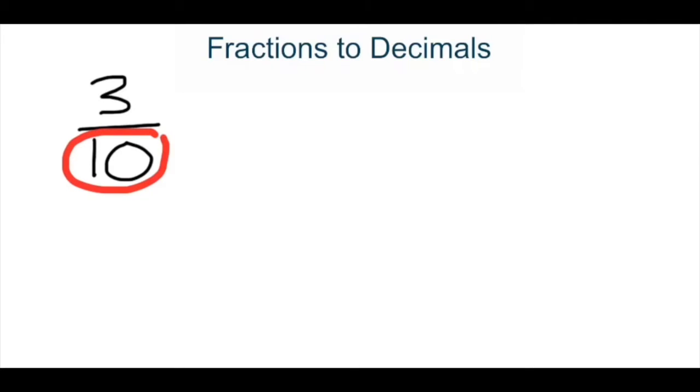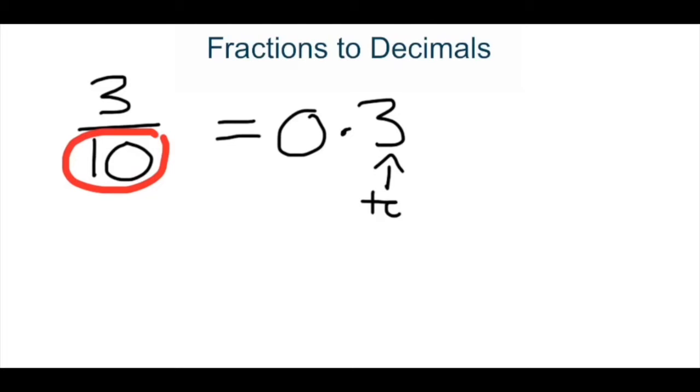Okay, so we're going to talk about converting fractions to decimals. And there's some easy ones, like ones where we have a fraction that's over 10. Now if it's over 10, we can actually relate this to our decimal placings, where we have the tens or even the hundreds position.